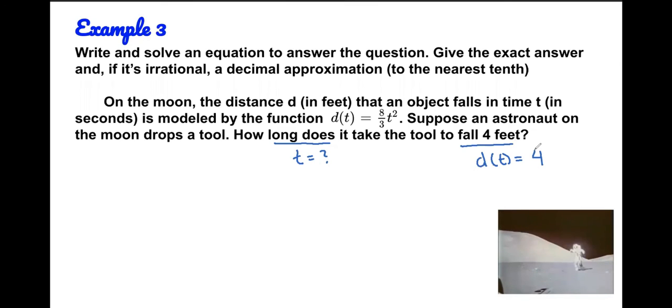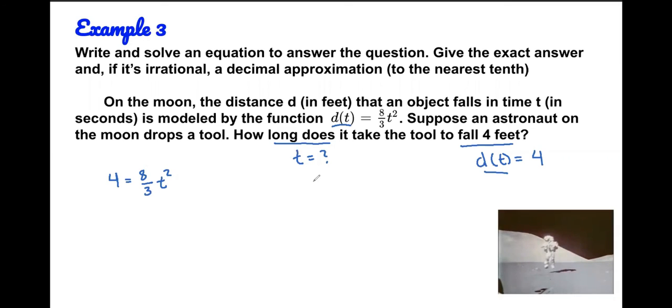Let's substitute. d of t equals 8 over 3 t squared, and d of t also equals 4. So by substitution, we can make both equal to each other: 4 equals 8 over 3 t squared.